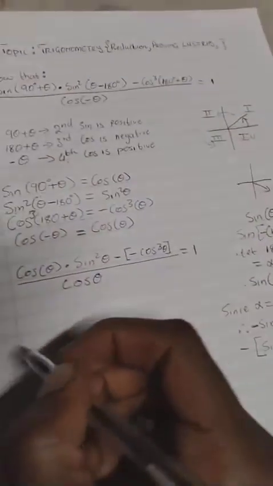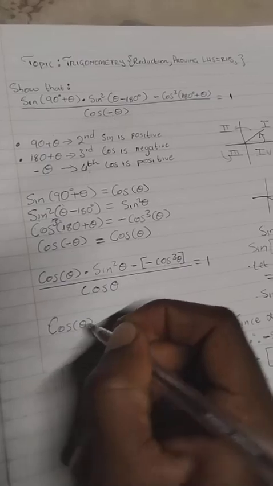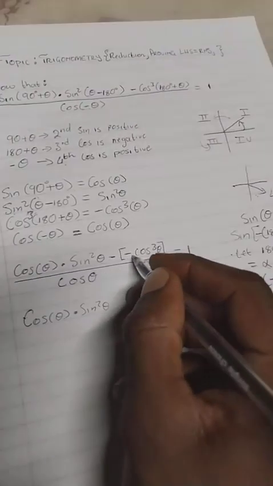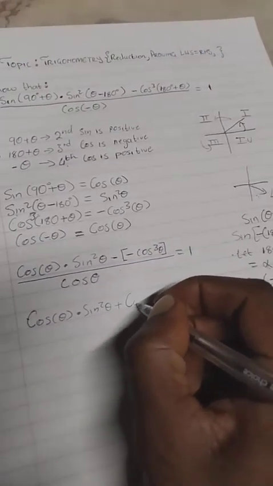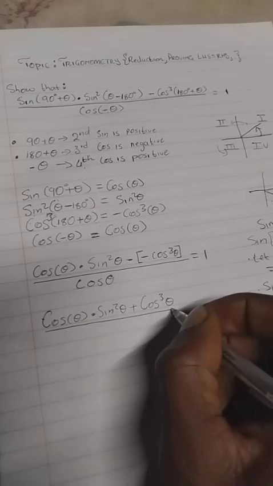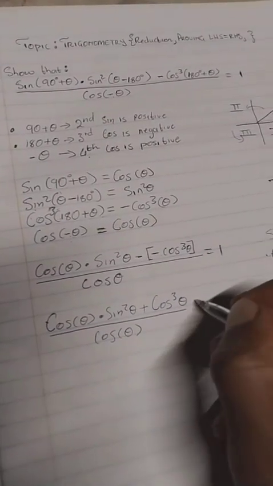Then I'm going to say cos theta multiplied by sine squared theta plus cos cubed theta, all divided by cos theta, is going to be equal to 1.